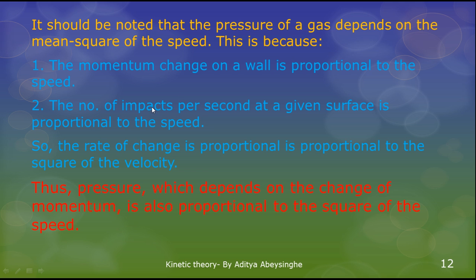So if you take two gas samples, I will take a single, simple molecule. In the first sample, I have a molecule moving at 2 meters per second, and in the second sample, I have a molecule traveling at 4 meters per second. So the distance moved within a second by the molecule in the first sample is 2 meters, and that of the second sample is 4 meters.